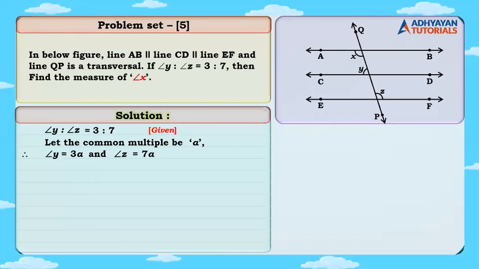Children, look in the figure. Is there any relation between angle X and angle Z? What type of angles are they? Right, they form alternate angles. How do you know they are alternate angles?